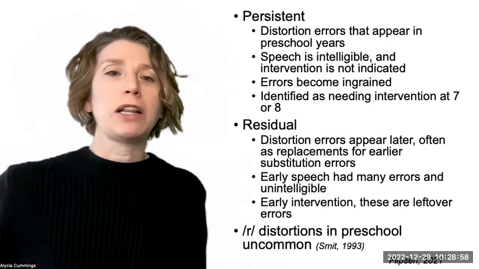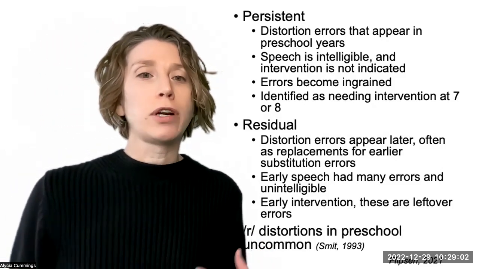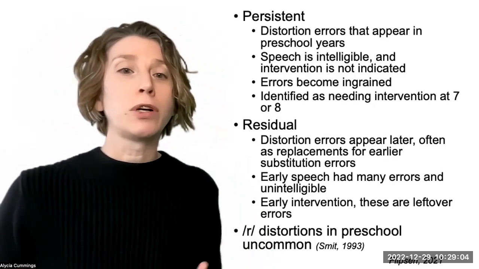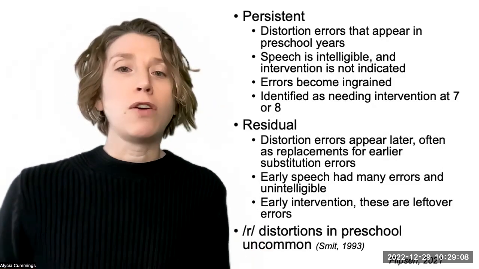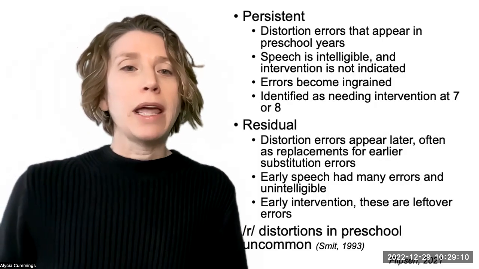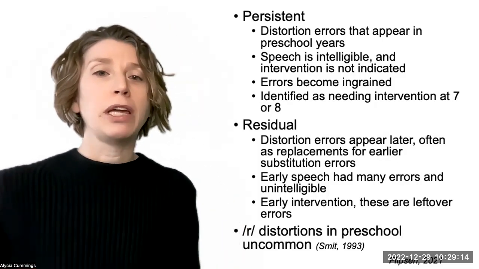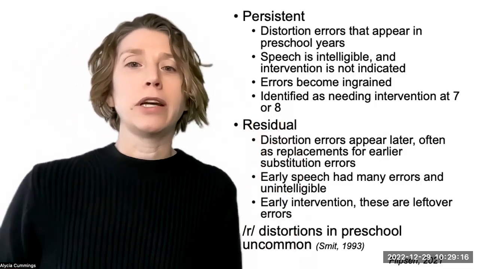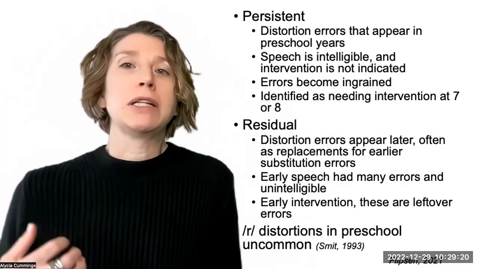Specifically, we can classify our kids into 2 different groups. So some children start producing that distorted R as preschoolers, but their speech is overall quite intelligible. And so as a result, these children often do not qualify for therapy using developmental logic, which suggests that maybe we should wait and see what happens to these kids.